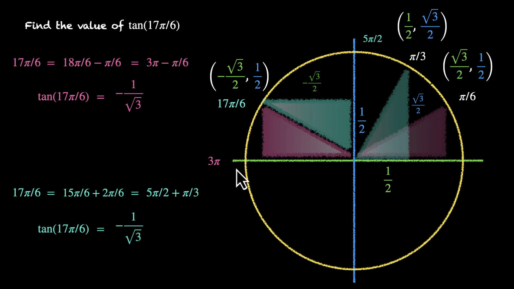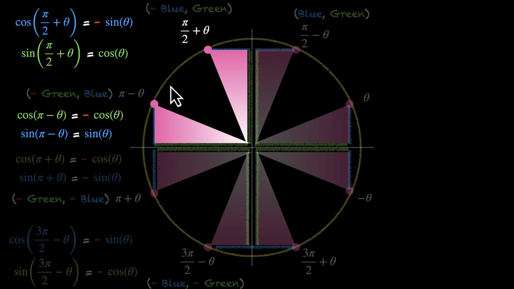Now this is one way, a visual way of solving this problem. We can also use a lot of formulae that are there in the textbooks. By the way, these formulas are also derived visually through unit circles. So let's look at these four. These two relate pi minus theta and theta, and these two relate pi by 2 plus theta and theta. To get tan pi minus theta, we'll take sine by cos.